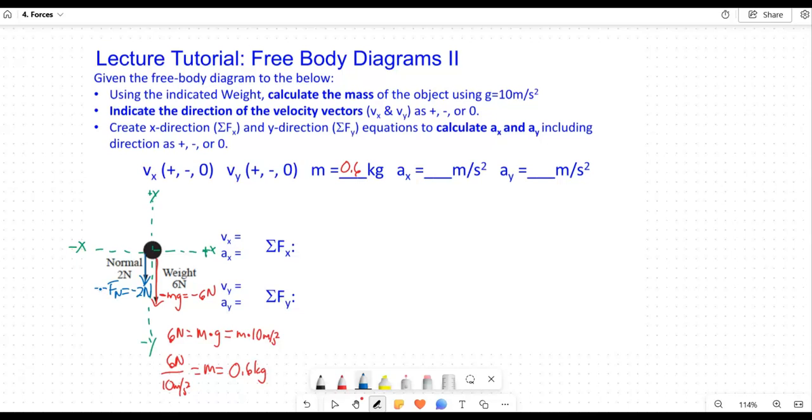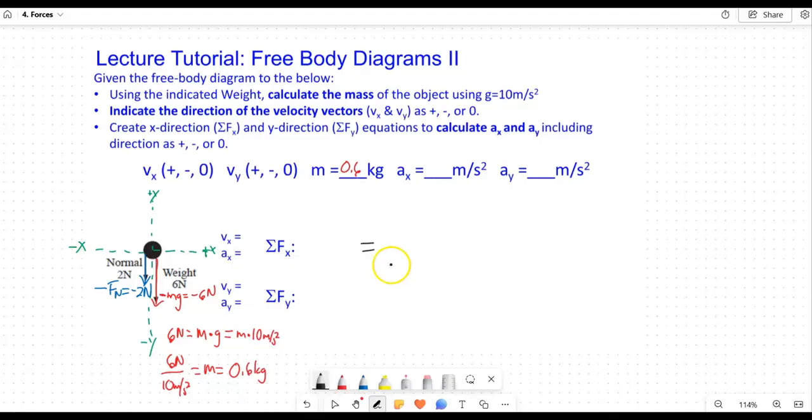Okay. Now, we are supposed to copy these forces over to here, and since we have no x direction forces, this is just 0, which is going to be equal to our 0.6 kilograms times the acceleration. Whenever you sum up the forces, we set them equal to mass times acceleration in the x direction.